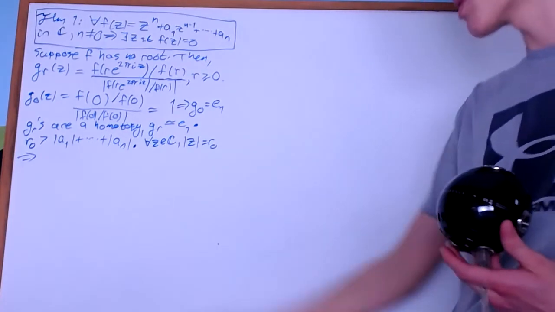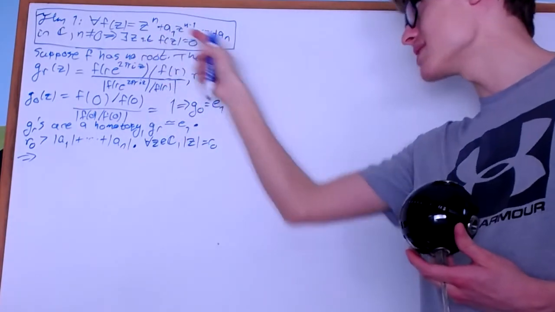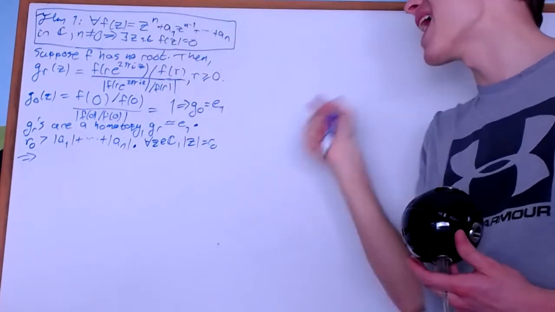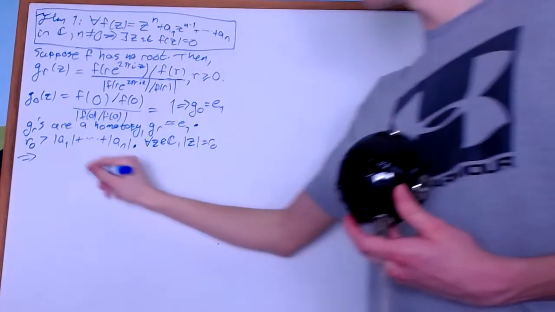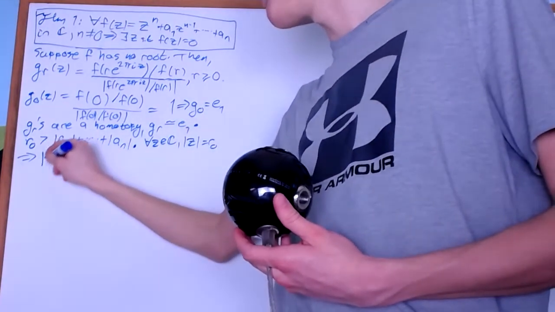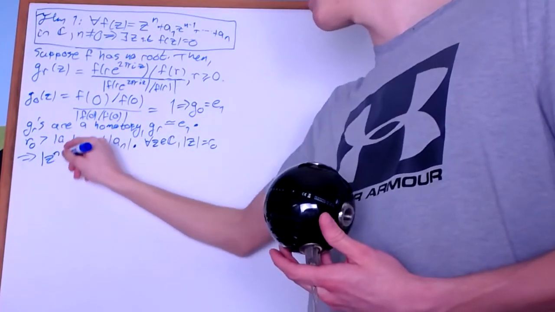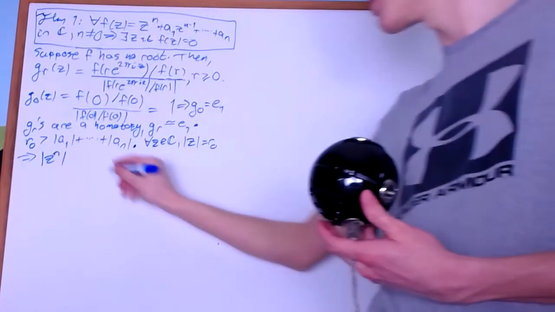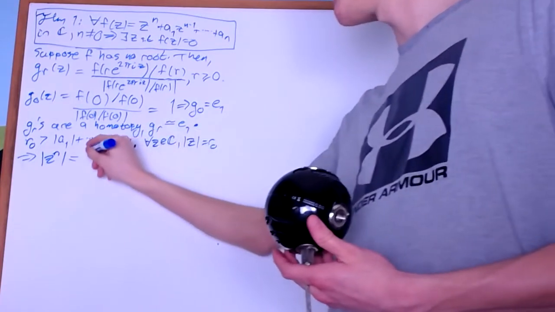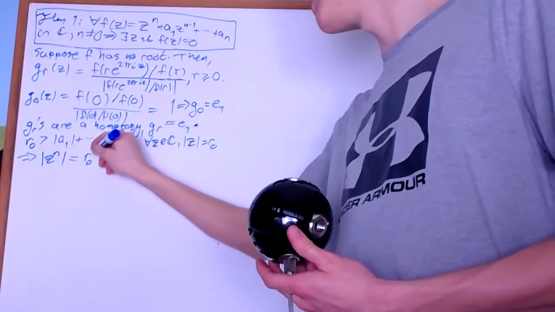Well, we're dealing with a polynomial which has a maximum exponent of n, a degree of n. So we should look at the magnitude of z to that degree power, z^n. The magnitude of z^n is the same thing as R_0^n.